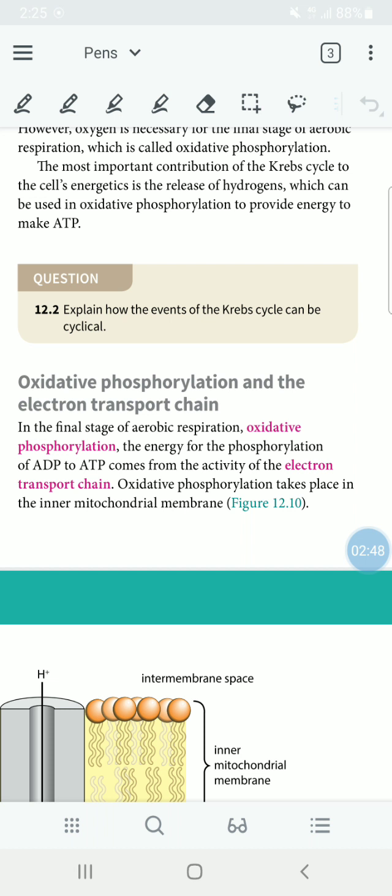Write down: the final stage of aerobic respiration, oxidative phosphorylation, takes place converting ADP to ATP using the energy gained from the electron transport chain.